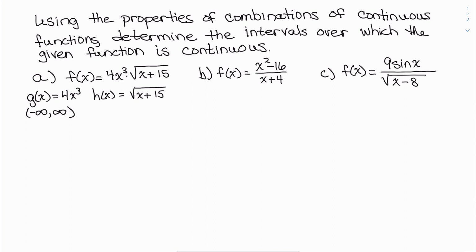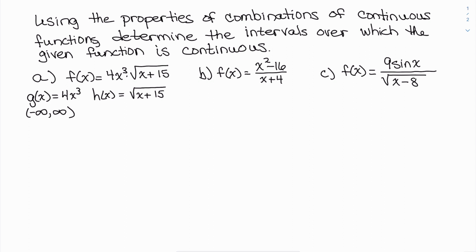If there is an odd number in there, it would be continuous over all reals. But if it's an even number as an index, then you have your even indexed root of a non-negative number.